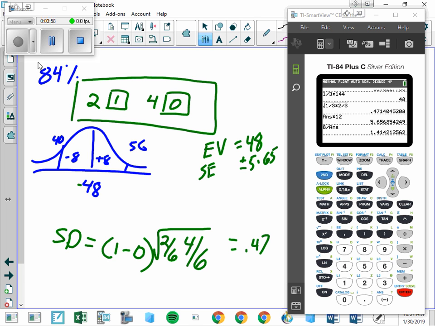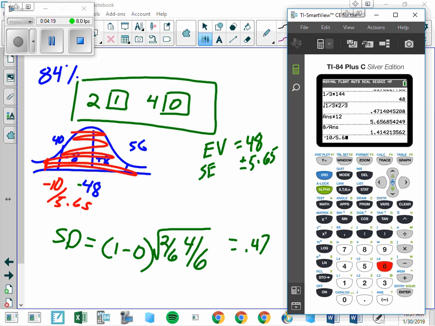Okay. More than 38. So 38 is over here, and I want to shade to the right. That is a score of -10. Divide that by 5.65. And I get a z-score of -1.77.